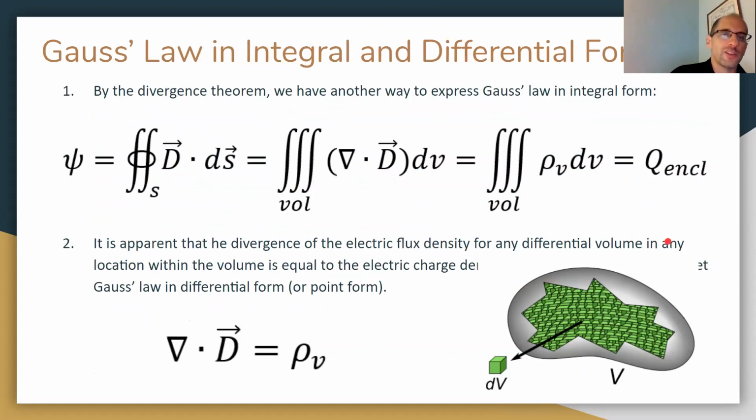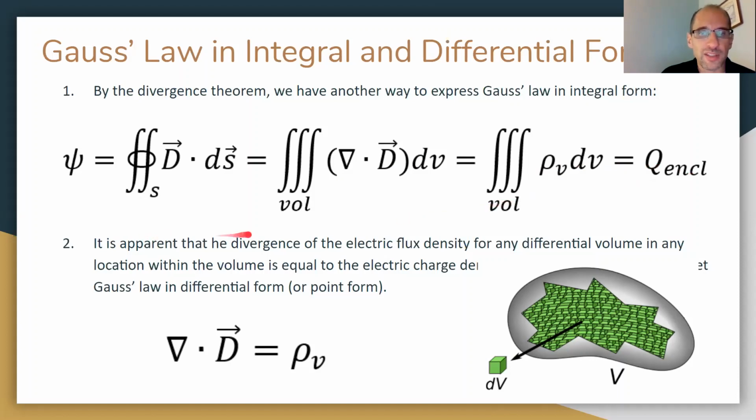So by applying the divergence theorem to Gauss's law, we can express Gauss's law this way: the total electric flux, which can be expressed as the surface integral of the electric flux density over the entire closed surface, is equal to, by the divergence theorem, the volume integral of the divergence throughout the volume, which is also equal by Gauss's law to the volume integral of the charge density over the entire volume, which is the total charge enclosed.